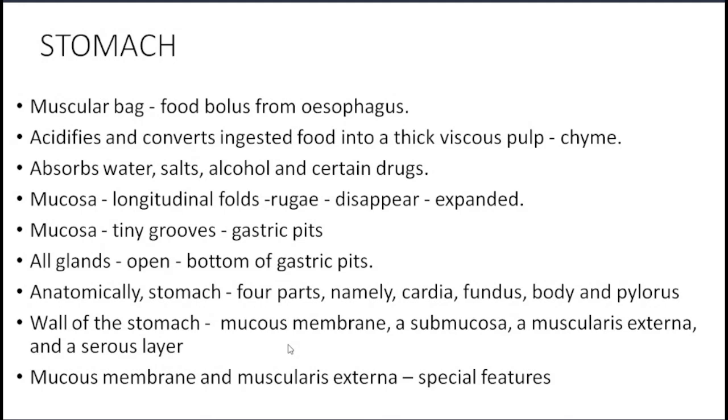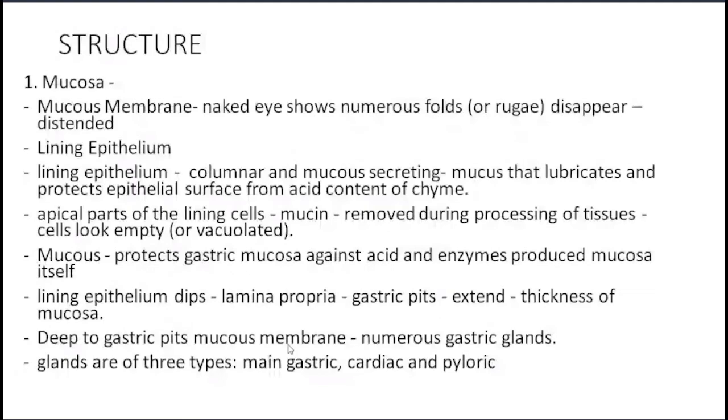Now coming to the mucous membrane. The mucous membrane of the stomach is mostly lined by columnar epithelium. It shows numerous folds called the rugae, and these rugae disappear when the stomach is distended.